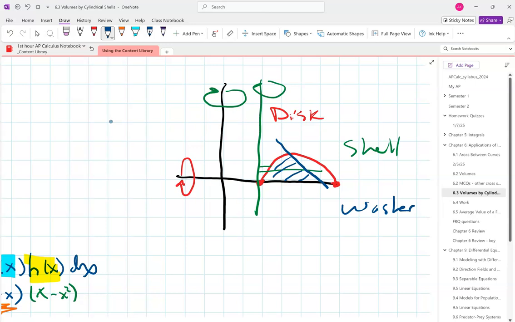I would do that as a washer. Does that make sense to you guys? That's my best advice to you, when you're looking at the picture, how to tell which of the three methods you want to use.